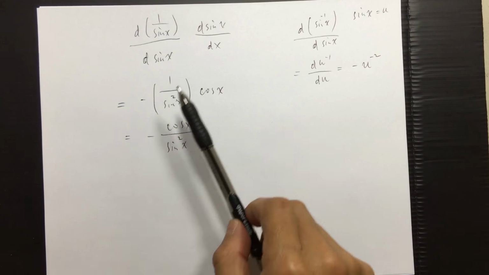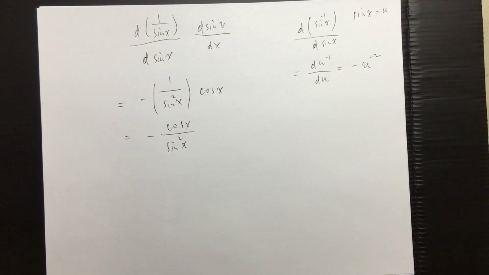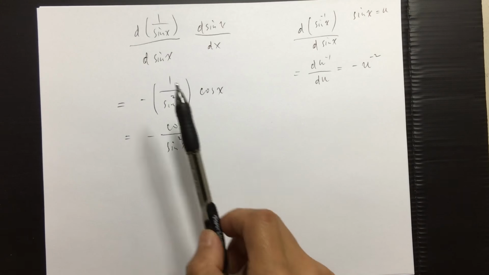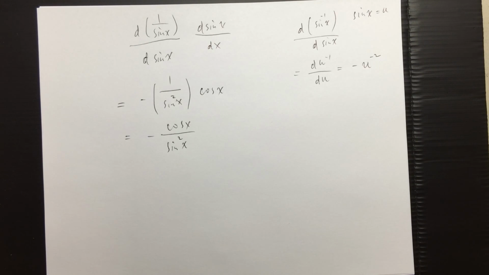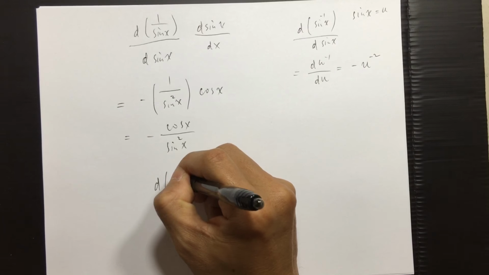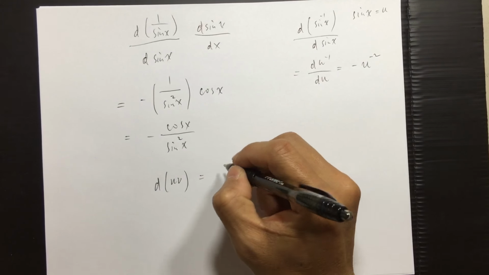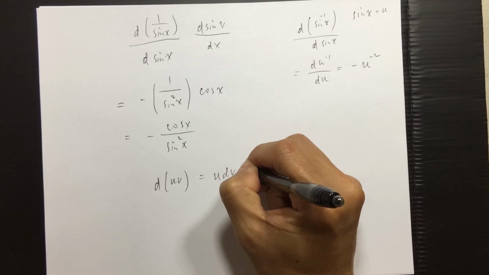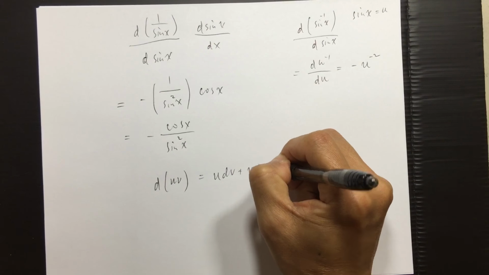You can put in intermediate steps. There's a function of a function. You know how to do 1 over x, right? You know how to do sine x. You don't know how to do these put together. So you can chain this thing. Chaining this, and also if it's multiplying, it equals u dv plus v du.